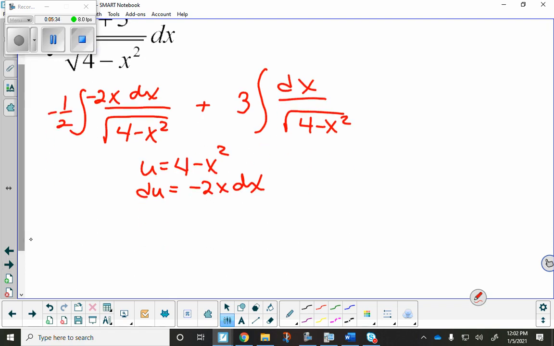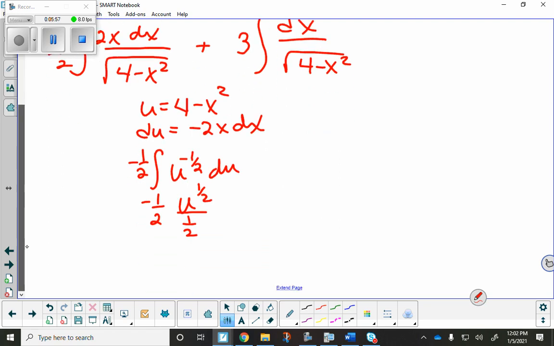So basically this integral is just u to the negative 1/2 du. If I integrate that, adding 1, I get u to the 1/2 divided by 1/2 times negative 1/2. So that is just going to be the square root of u.